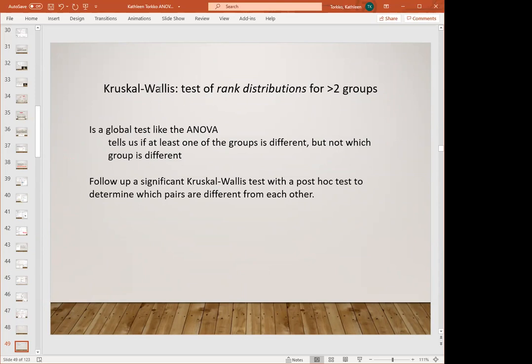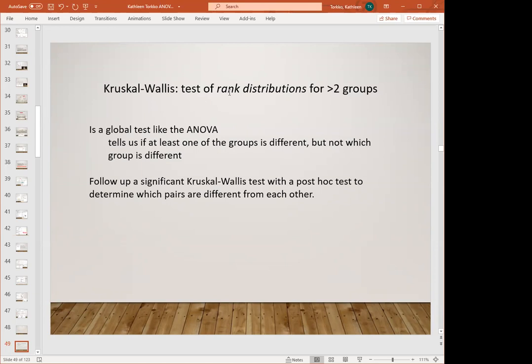What the Kruskal-Wallis test does is it takes all the data, puts it in one column from every group, and ranks it from 1 to 18 in our sample, from smallest to largest. And then it breaks up into the three groups again, and it compares the distribution of the ranks.